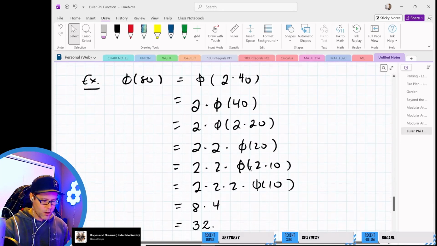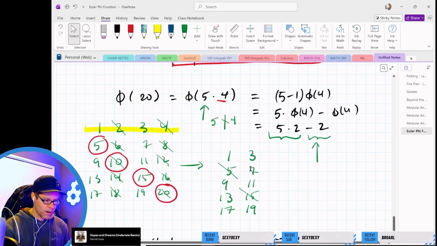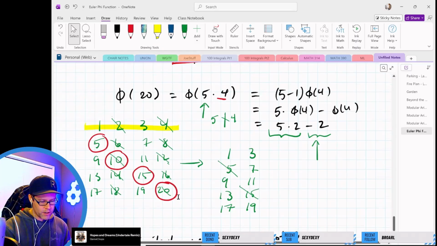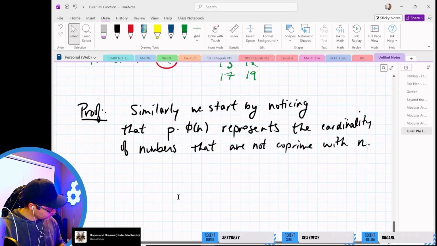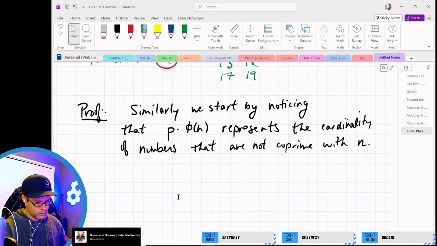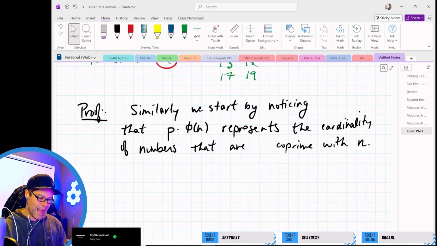Now down here, we do have to do a little bit of extra work, right? Because this prime number doesn't divide 4. It doesn't have any shared factors with 4. So I have to do a little bit of extra work in subtracting off those extra values that are co-prime with n. I think that's correct.